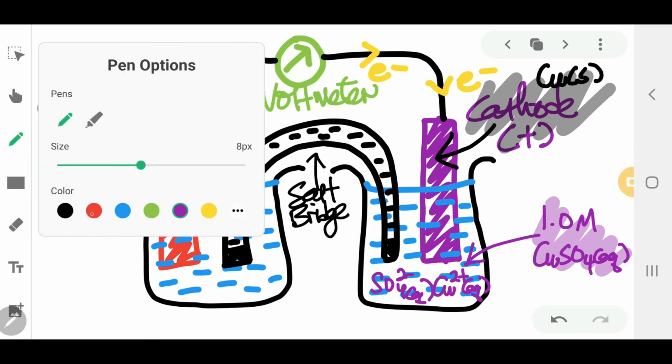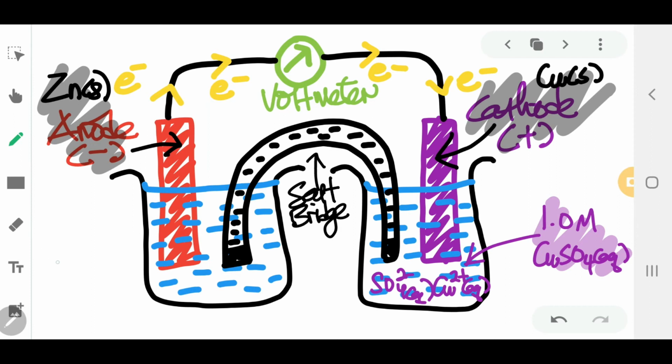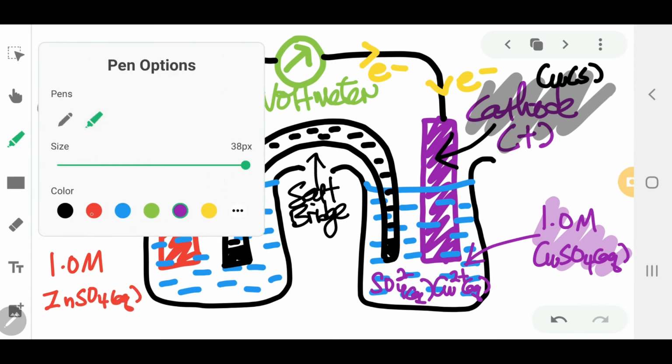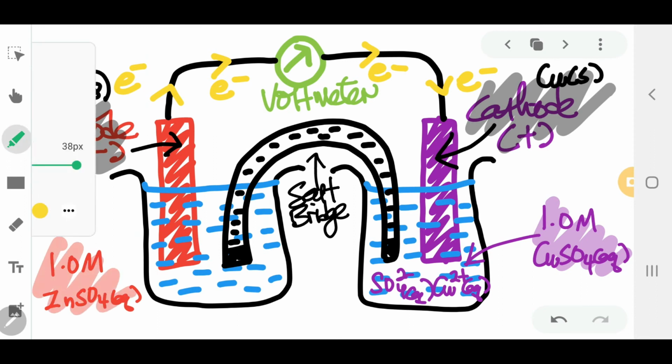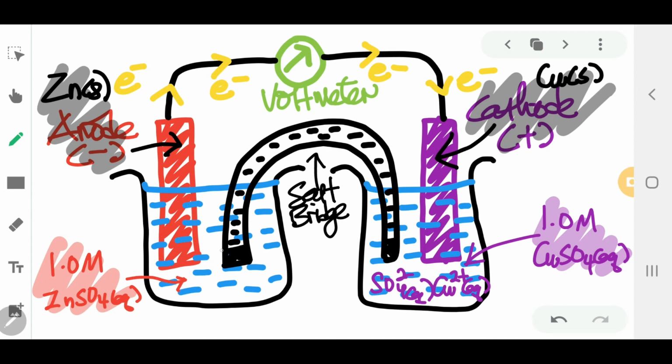The other one, here you will have 1.0 molar zinc sulfate aqueous, and point that whole thing to here. So in there, you'll get Zn2+ aqueous and SO4 2- aqueous.